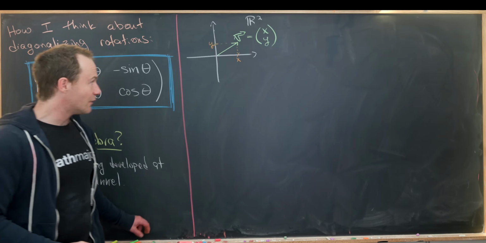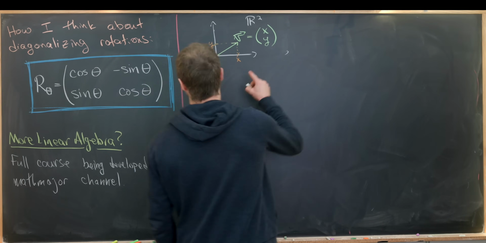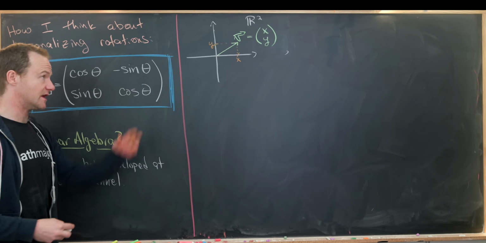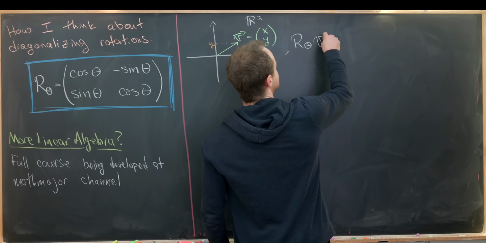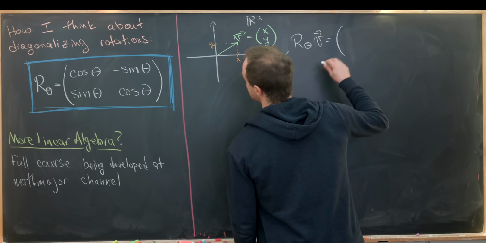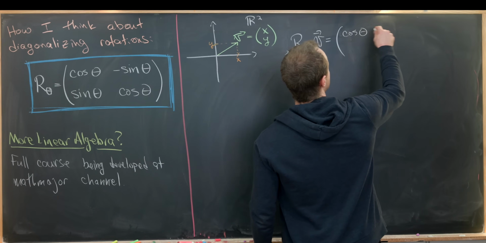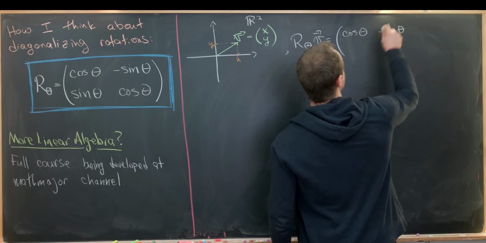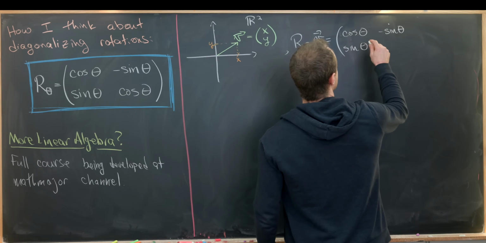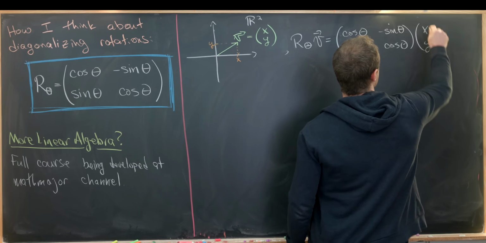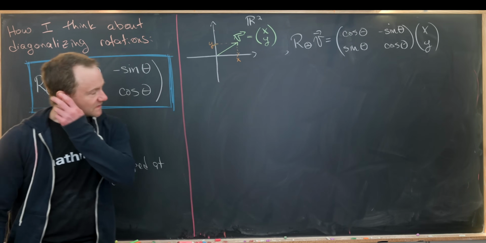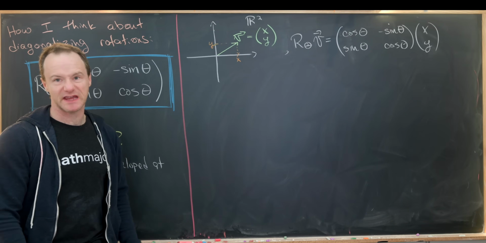Okay, so now we want to investigate the action of R theta on this vector. So let's look at R theta times this vector. That's going to give us the matrix cos theta, minus sine theta, sine theta, cos theta, times our vector x comma y. Now we need to do matrix-vector multiplication to see what we get.